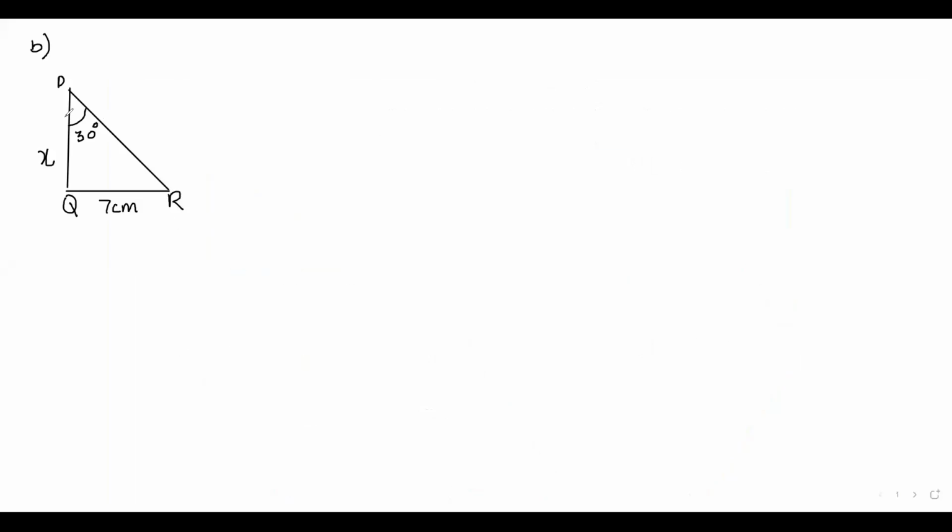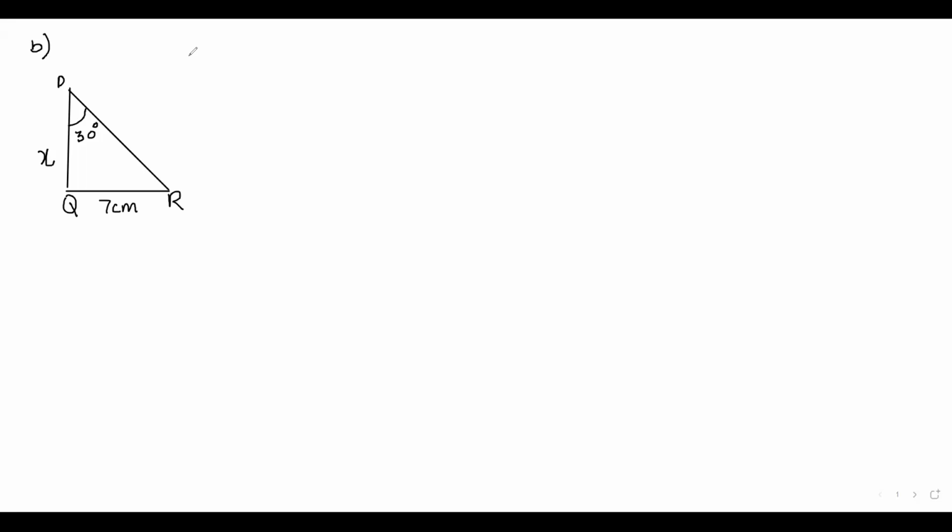Yes, I have already drawn the figure of the question so that I can solve it in short time. Here, as you can see, the side that is exactly opposite to 30, QR, is opposite.